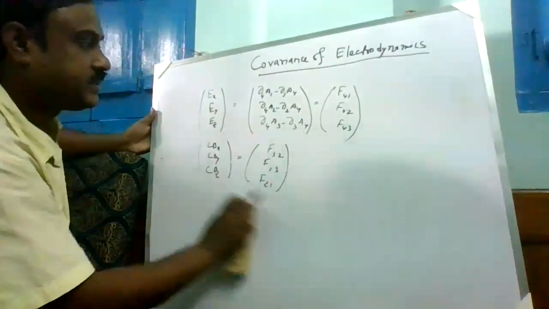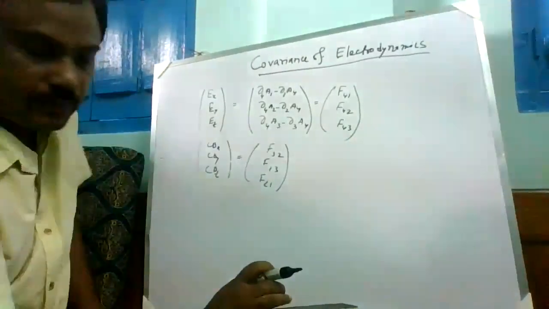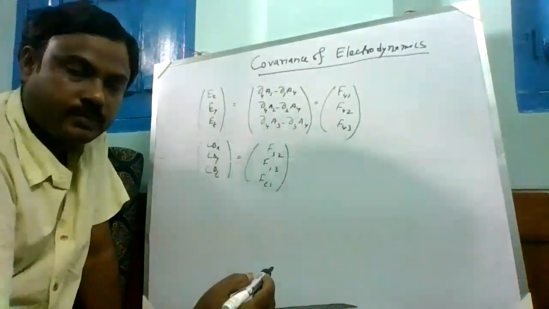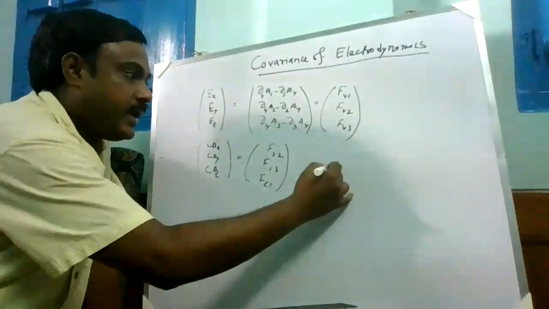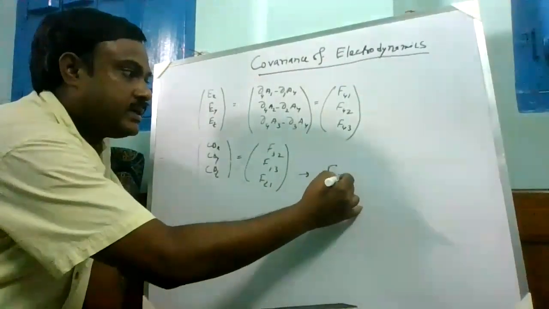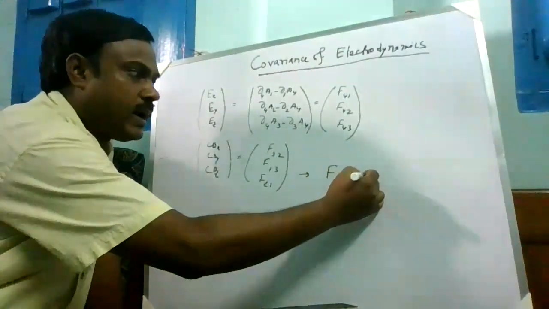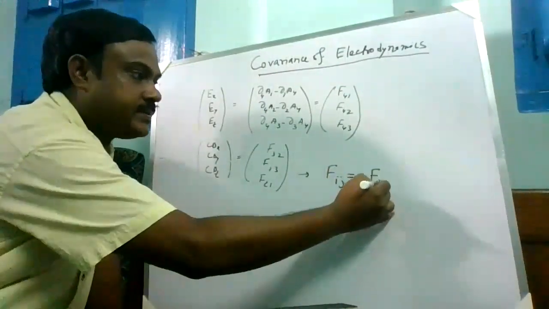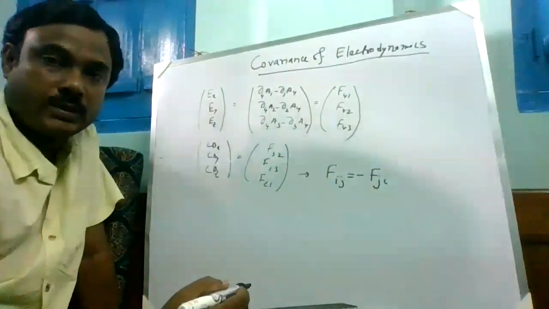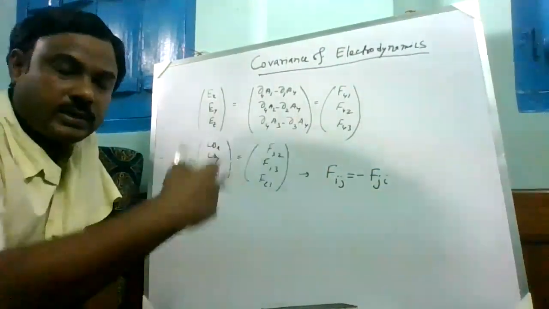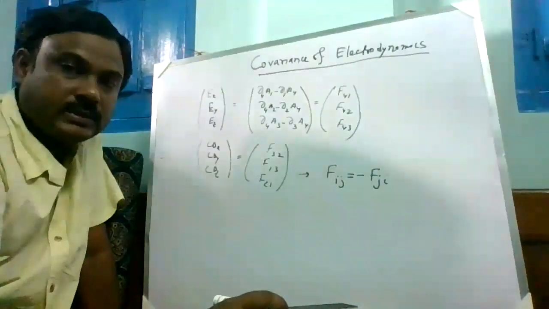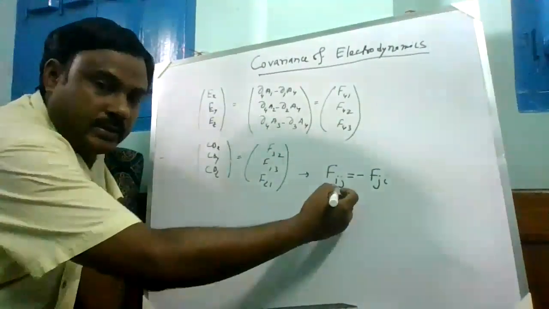Now, from these expressions of F, you have already seen that Fij is equal to minus Fji, because if you change the indices, then the sign will be changed. You can see this.